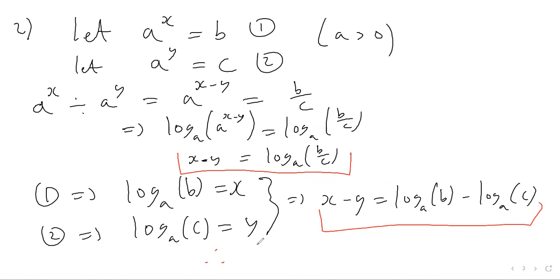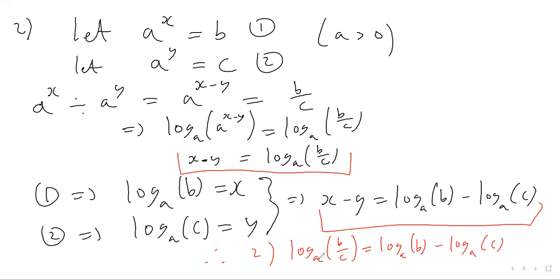So let's take this down here. Rule number 2 is that log base a of b divided by c is equal to log base a of b take away log base a of c. If you ever hear me say the word quotient, quotient just means the division of two numbers, the fraction of two numbers.